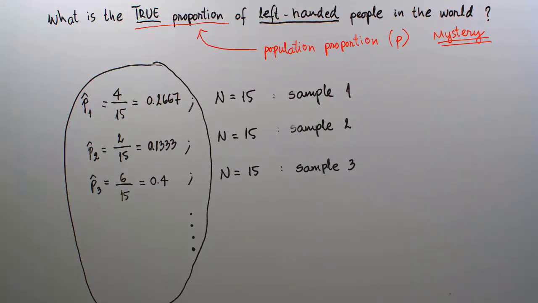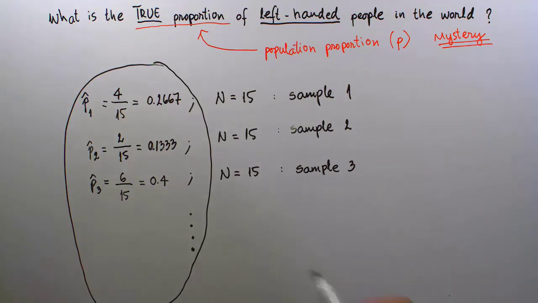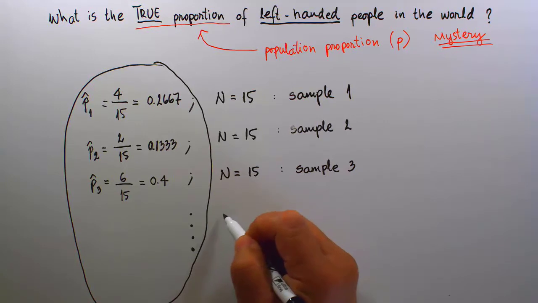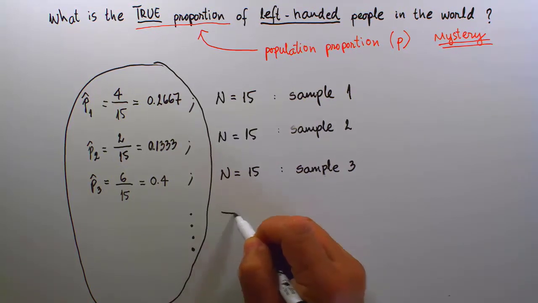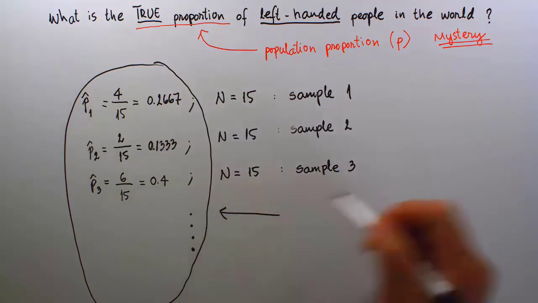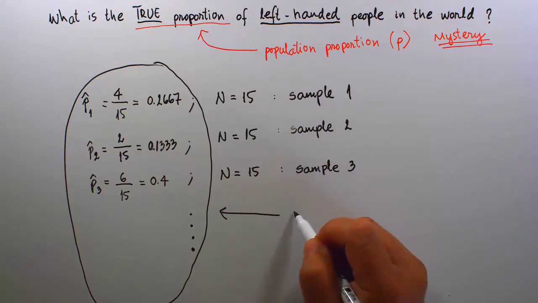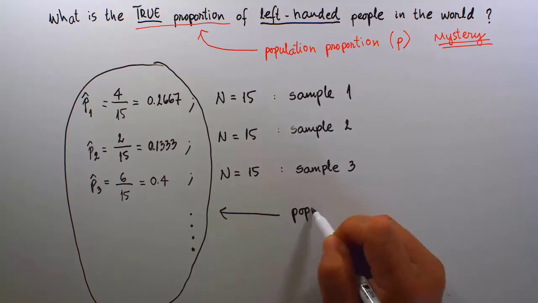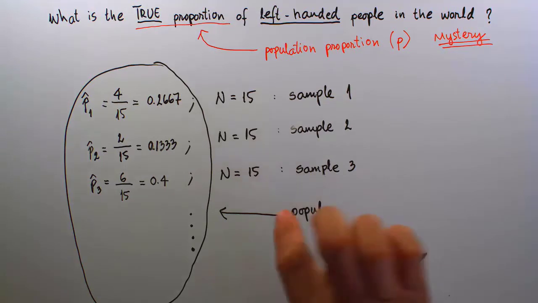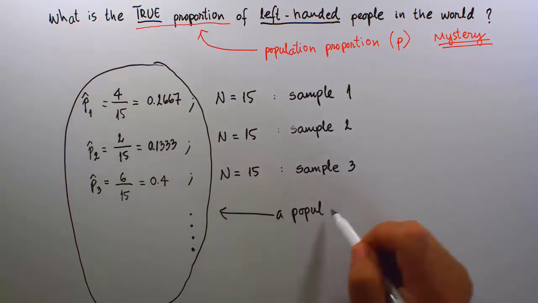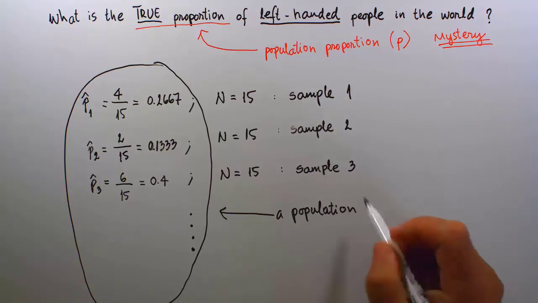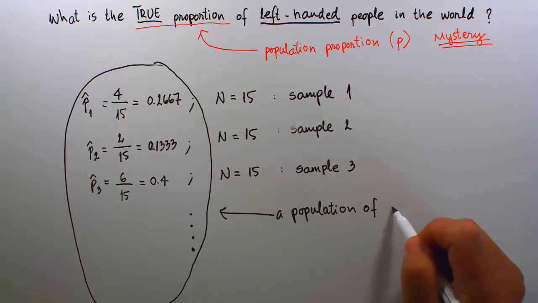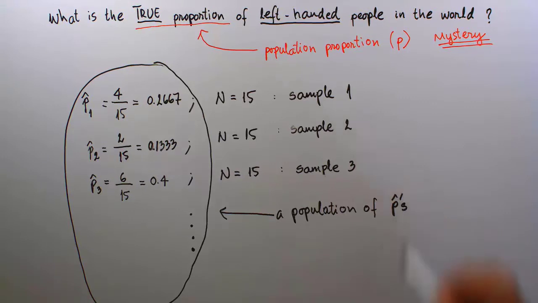The reason I'm circling these is that all of these infinitely many sample proportions together, as a huge set of values, truly deserve to be called a population, a population of sample proportion values. So it's a population of p hat.